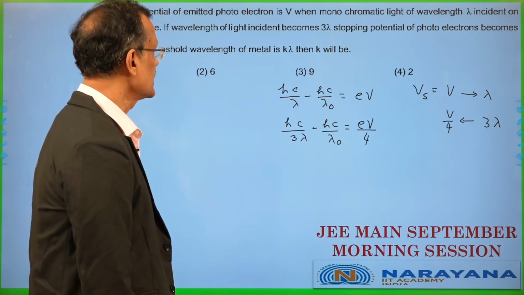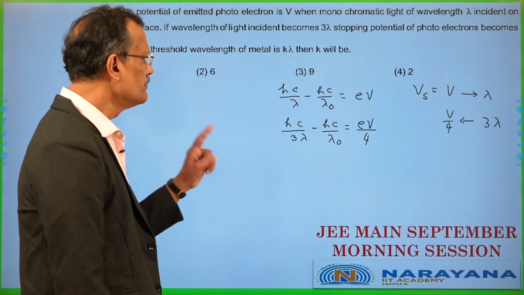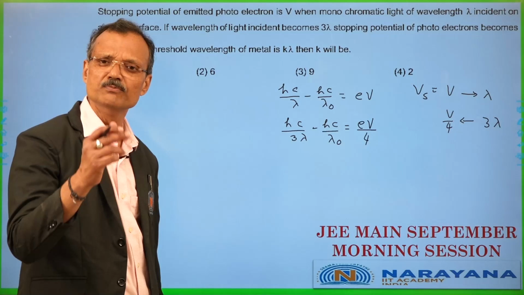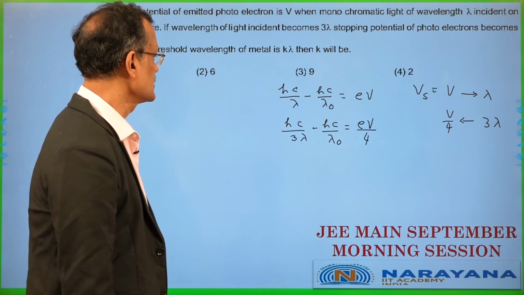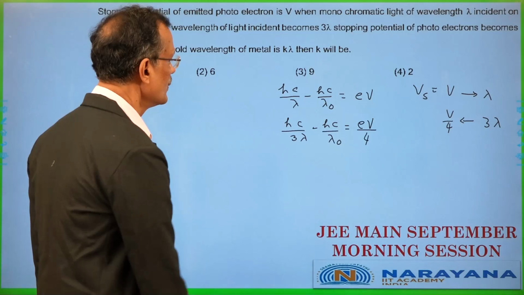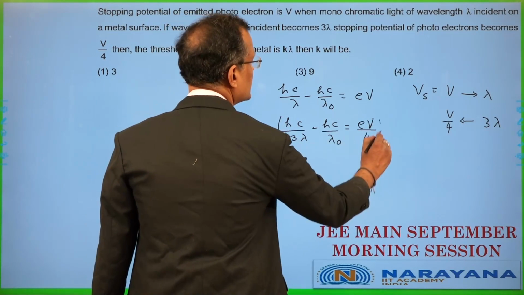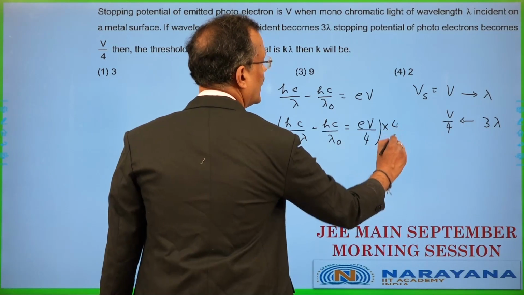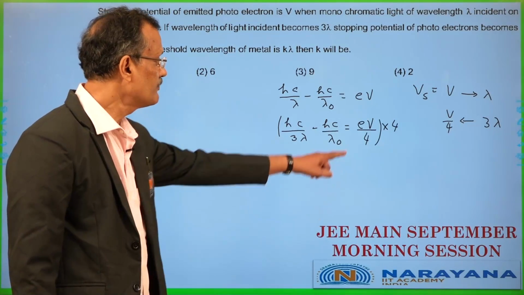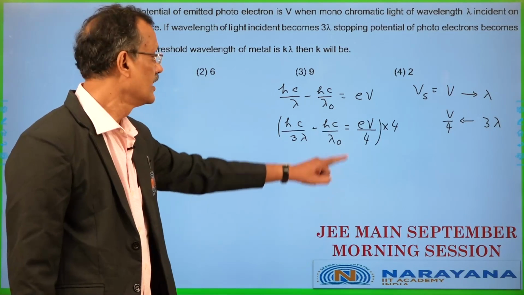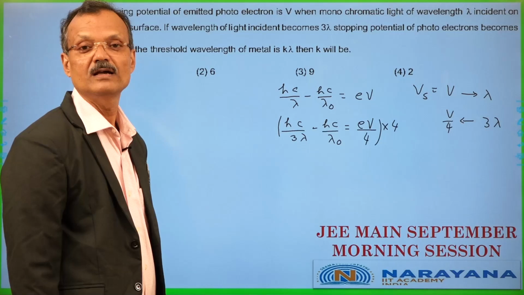They are asking you the threshold wavelength. It means that I must remove the stopping potential. For removing the stopping potential here, what we do, I'll multiply this equation by 4. You will ask, sir, why are you multiplying it by 4? If I multiply by 4, the right hand side will become eV.